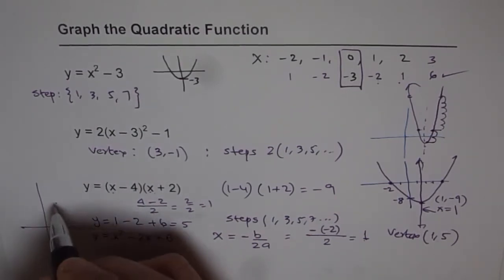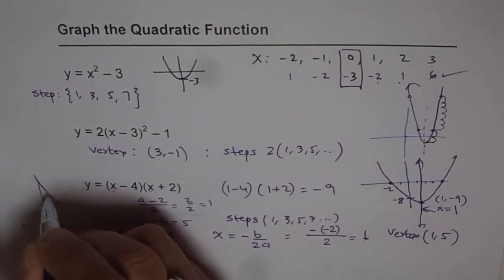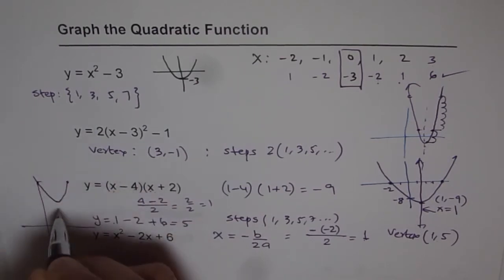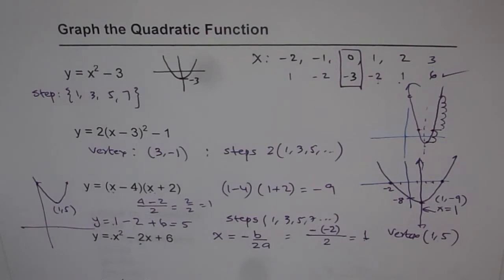And this graph is going to open upwards, and the steps are going to be 1 times 1, 3, 5, 7. So it's a parabola like this going upward from the vertex, which is 1, 5. Do you understand? So that is how you can draw or sketch a parabola given a quadratic equation in any form.